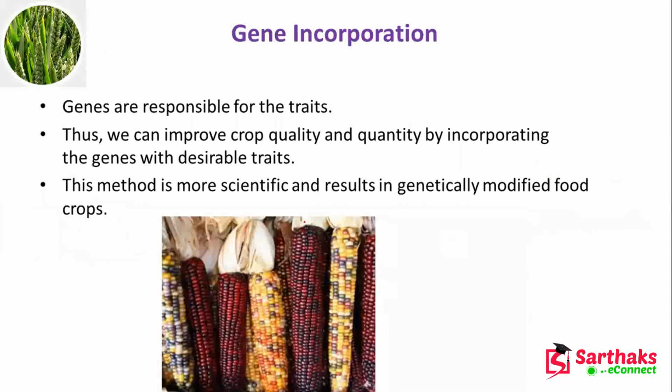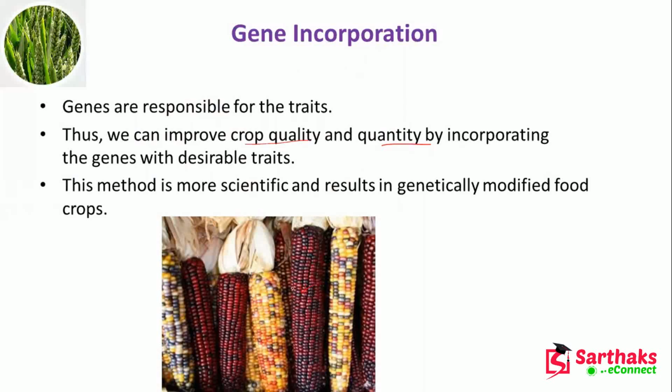Now the gene incorporation. So genes are responsible for the traits. Now, if we can mix up the genes, at that time we can improve the crop quality, also the quantity, by incorporating the genes of desirable traits. Here you can see in this picture, this is one type of corn and this is another type of corn.